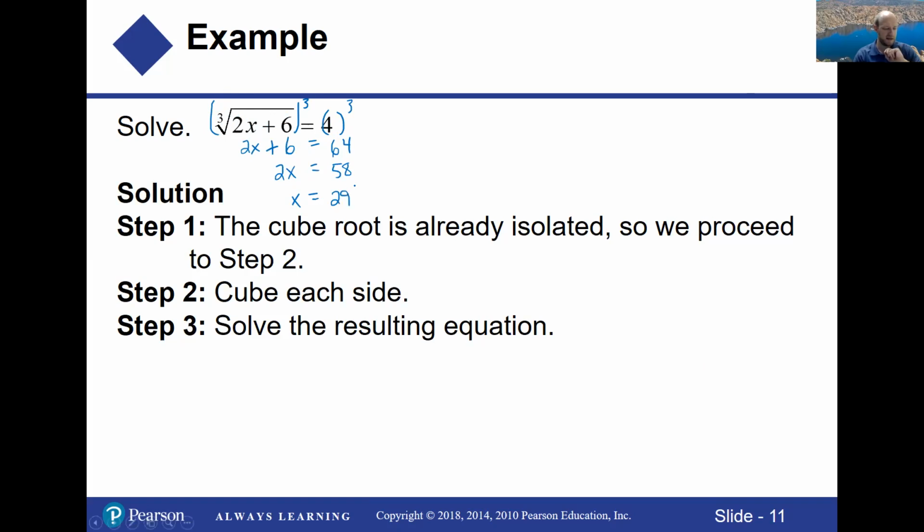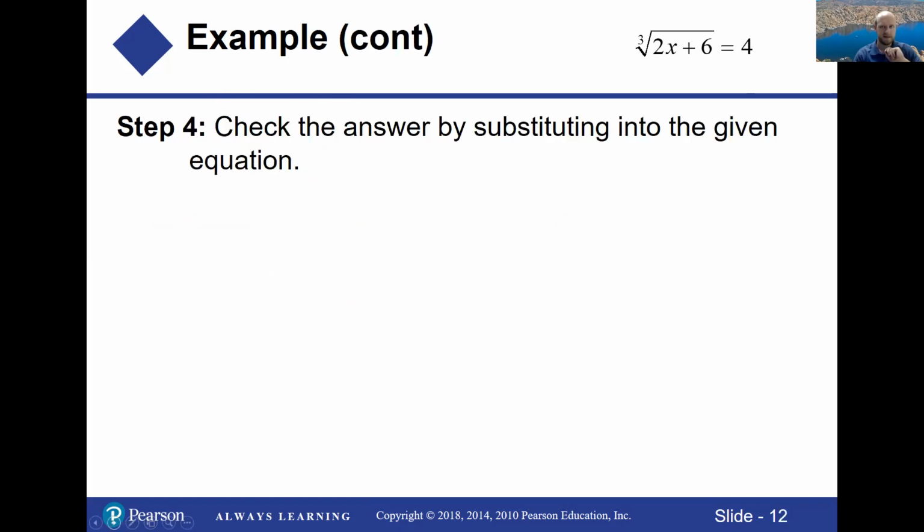So we have to check here if 29 is in fact the solution. So let's go ahead and take our original equation and plug 29 in for x. Oops, this should all be under the cube root.